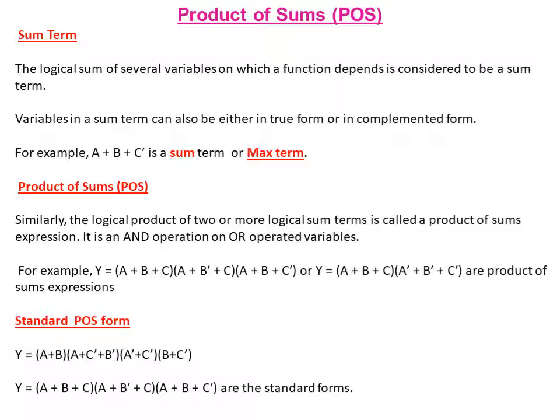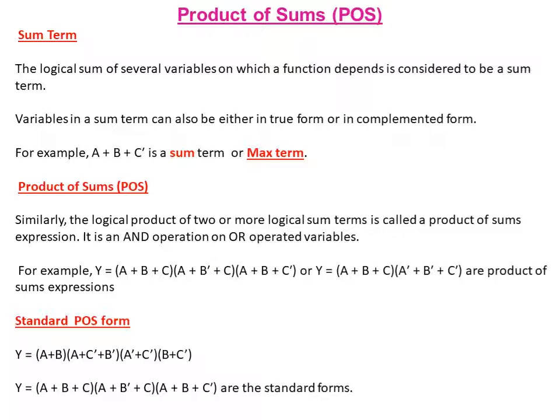The logical product of two or more logical sum terms is called a product of sum expression. It is an AND operation of OR operated variables. The example for product of sum expression is this one: a plus b plus c dot a plus b dash plus c.